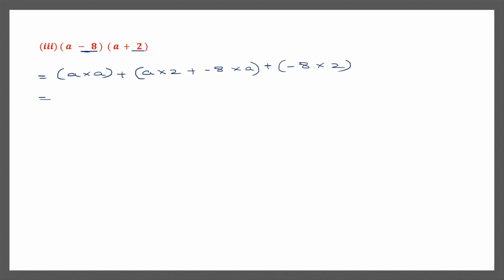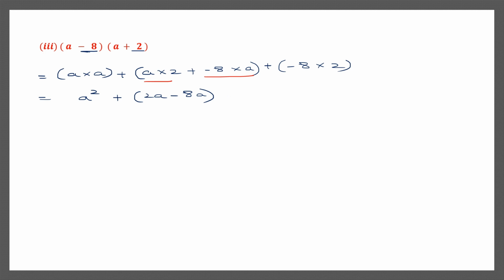So a into a is a square plus, now here we have a into 2, which is 2a. Then we have plus, so here we have minus 8 into a is minus 8a. So let's write that. So this becomes minus 8a. And here the other one will be minus 8 into 2, which is minus 16.